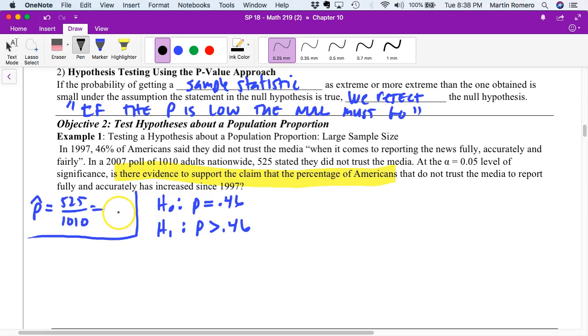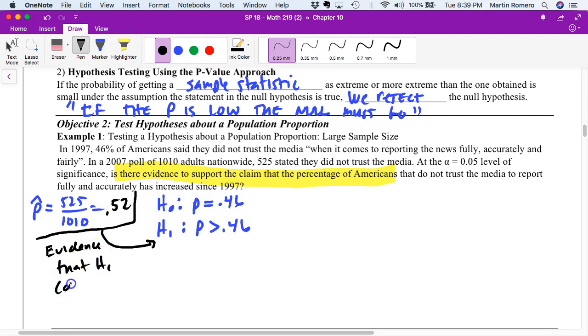When we get that value, you get 0.5198, or I guess we should round that to 0.52. So this could be evidence that H1 could be true. Okay, that's some evidence, but let's go ahead and test it.